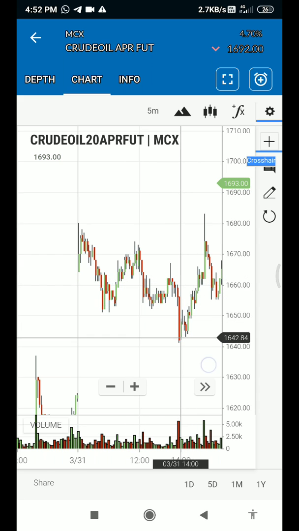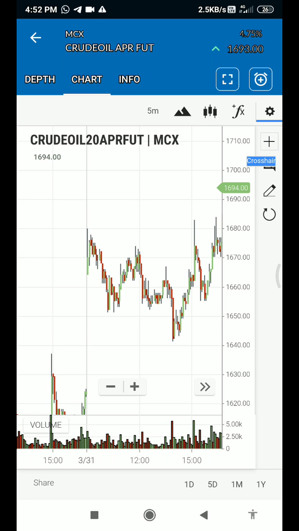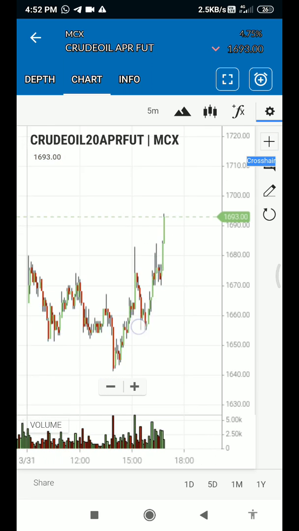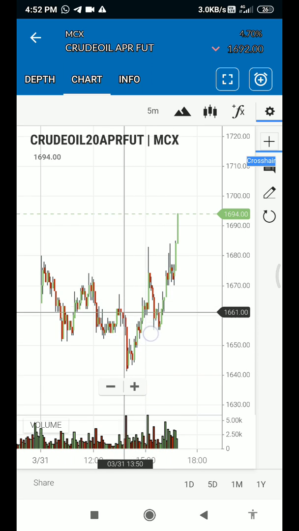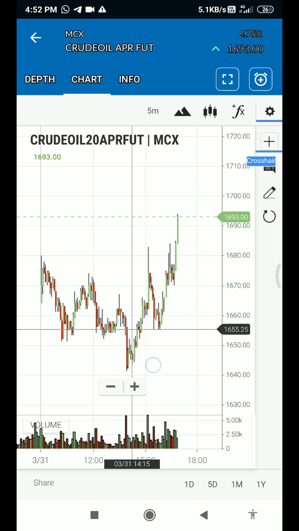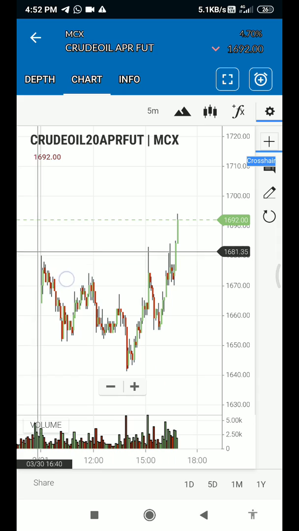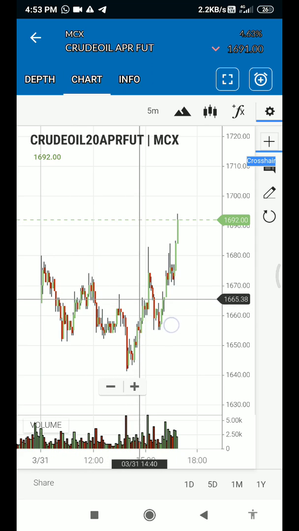And now after this, it had formed, this is the lower low, the lower low, another lower low, lower low.